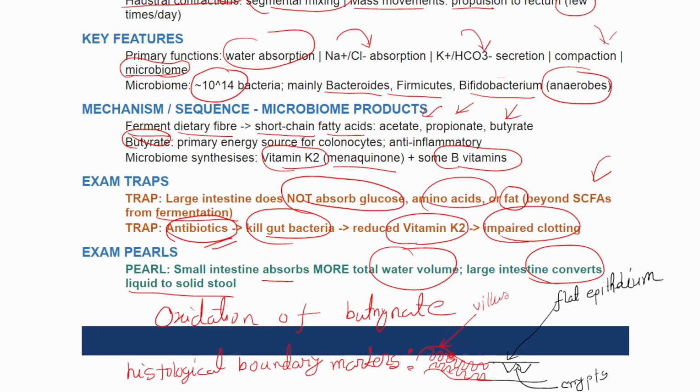The absolute transition from the villus-covered mucosa of the terminal ileum to the completely flat epithelium and deep crypts of the cecum serves as a primary diagnostic landmark in histology, confirming entry into a region dedicated purely to fluid balancing and microbial fermentation rather than primary macronutrient capture.